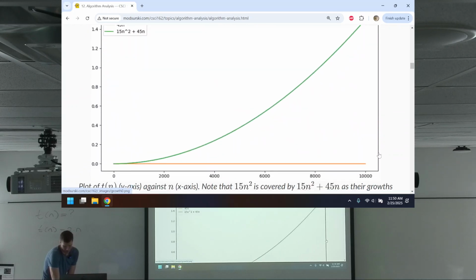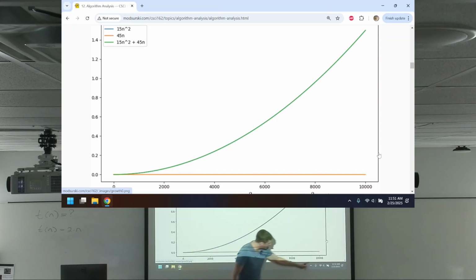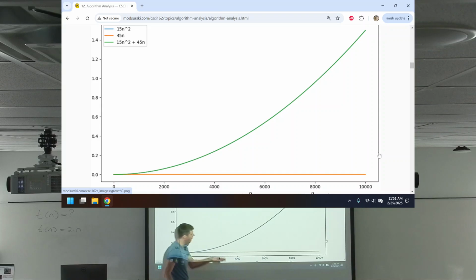The n squared part. And if we plot these, look, mind the y-axis because of scale. As n grows, and this only goes up to 10,000 here, by the way, not to 1,000,000, I'm plotting the squared versus the linear versus the total. Which, by the way, you might look at this and be like, well, where's the blue line?